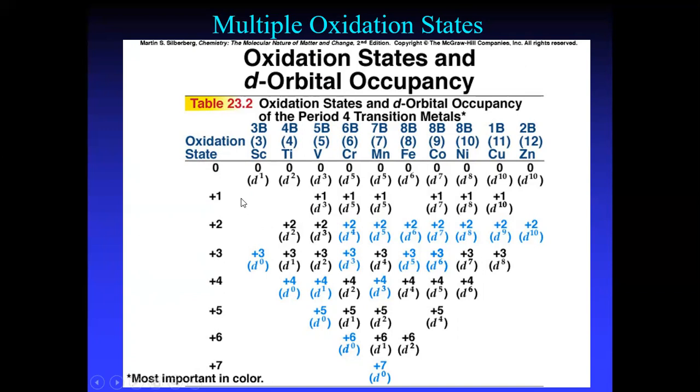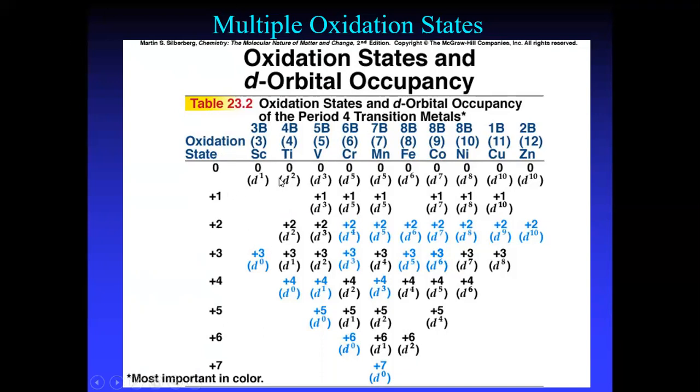And in this one you are having different oxidation states: 0, +1, +2, +3, +4, +5, +6, and +7. These are the different oxidation states exhibited by the atoms.